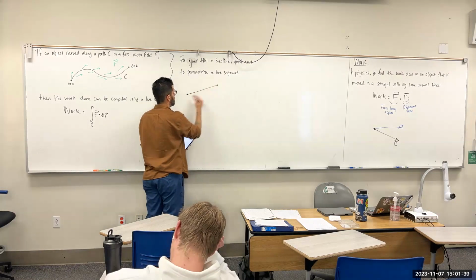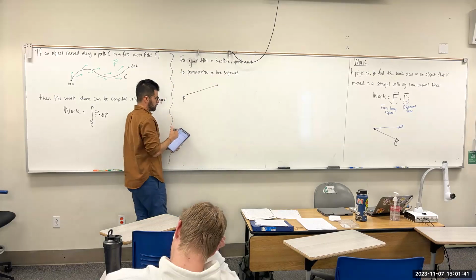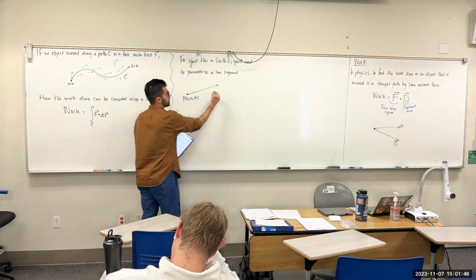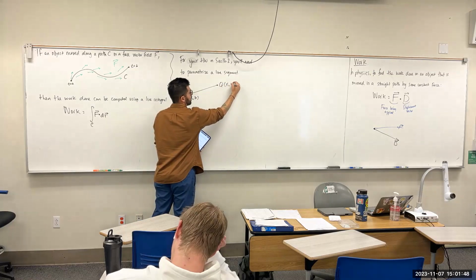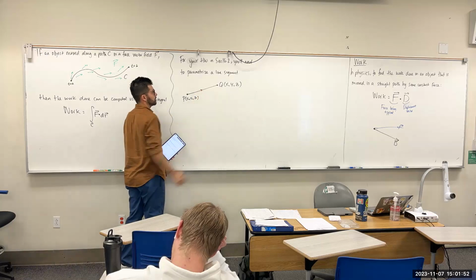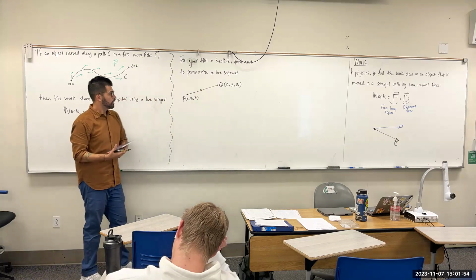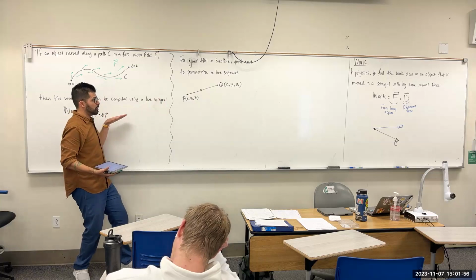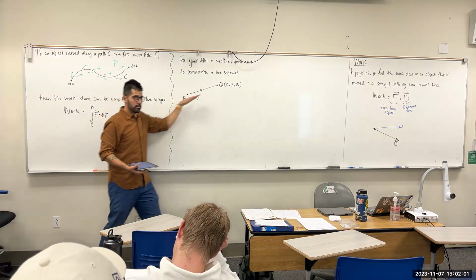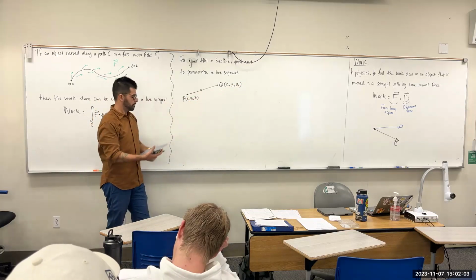You have a line segment from P to Q. P will have coordinates x0, y0, z0, and Q will have x1, y1, z1. And you want to move it this way. You guys learned how to parameterize the line going through those 2 points. You remember that?